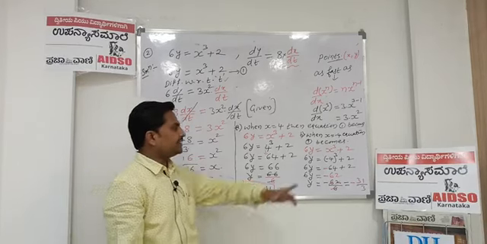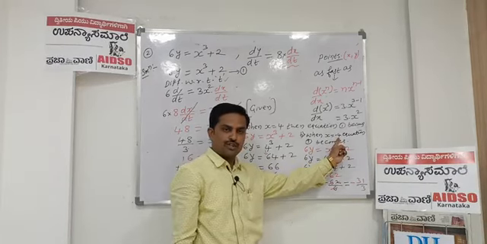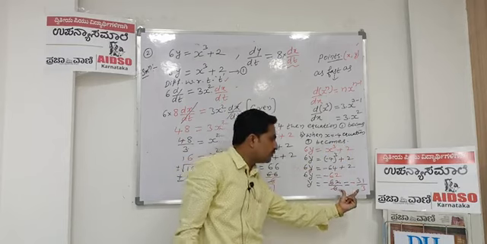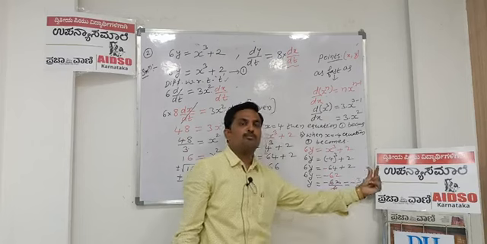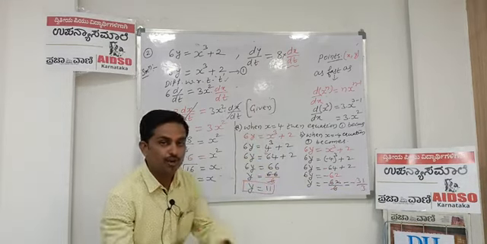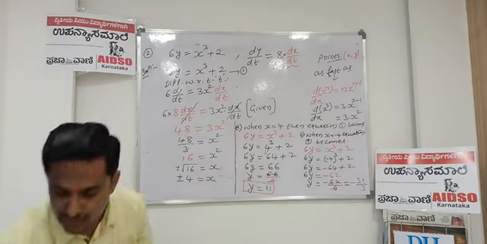So when x is equal to minus 4, we substitute in the given curve, equation 1, and the value of y we get is minus 31 by 3.